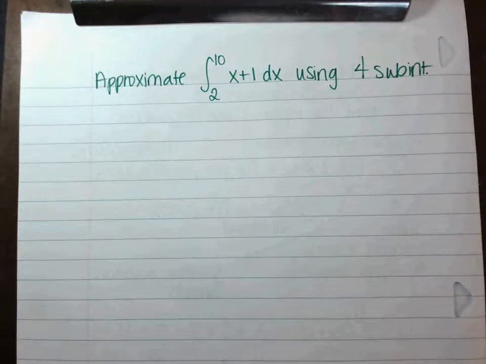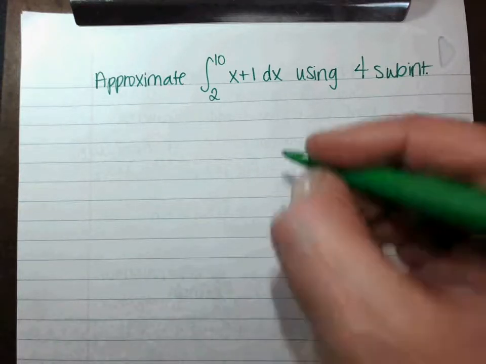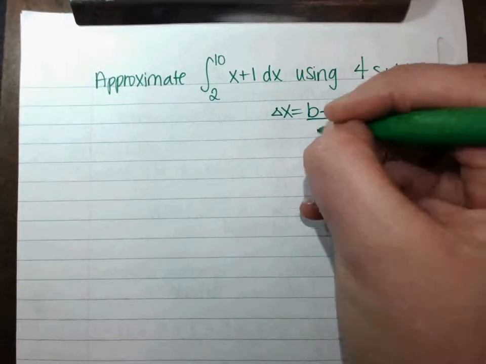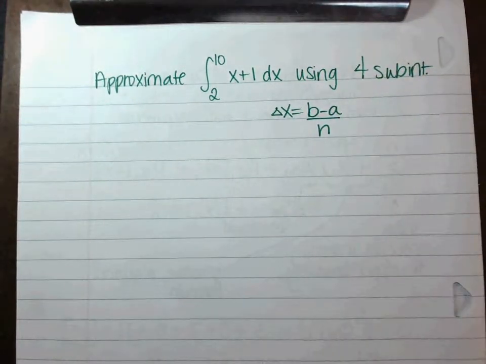The first thing that you need to find is how wide each piece is going to be. So delta x equals b minus a over n. My integral, remember, is from a to b. So what's my a and my b here? 2 and 10.